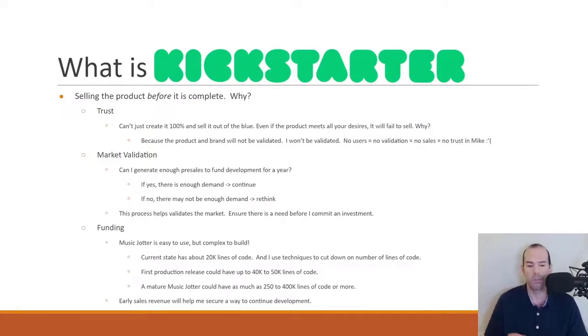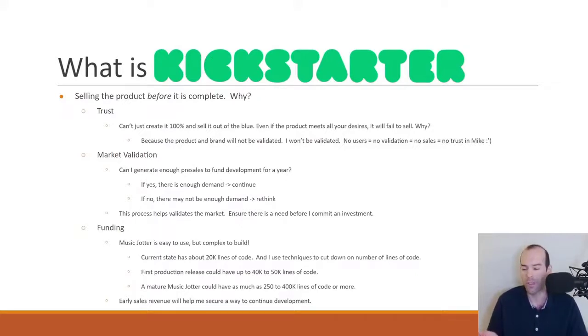So just for fun, the current state of this program, what I'm showing you right now, is around 20,000 lines of code, and that's using techniques that take, let's say, 15 lines of code into one-liners. I apply that technique a lot. So around 20,000 lines of code, and this is with me simplifying it as much as I could.